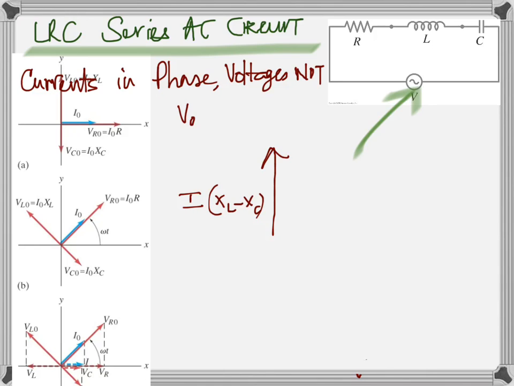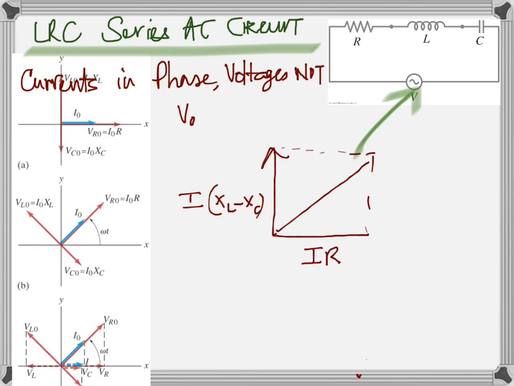Anybody understood? Did you understand? I times XL minus XC. Okay. So now we have the resultant of those two, and then on top of that you have, what is this? Isn't this I times R? Now you have to find the resultant of these two. Complete that.